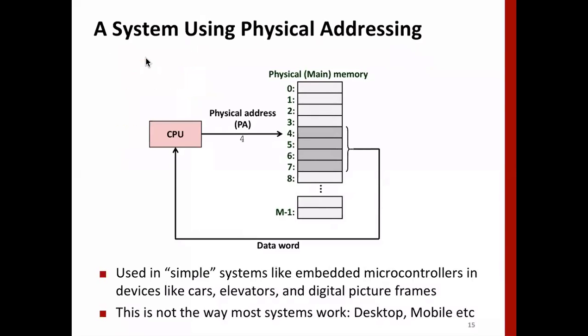So see, in the initial systems when computers were designed, they had just physical memory, or main memory. When you use the word physical, it means main memory. Physical is the same as main memory. We'll use these terms interchangeably. And main memory consists of what? DRAM nowadays.